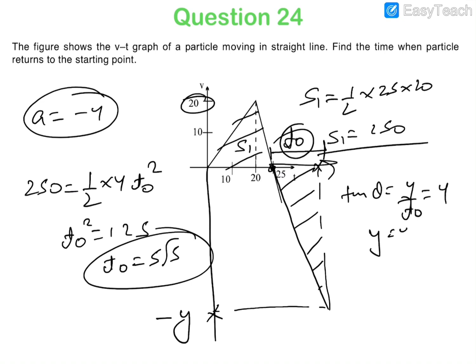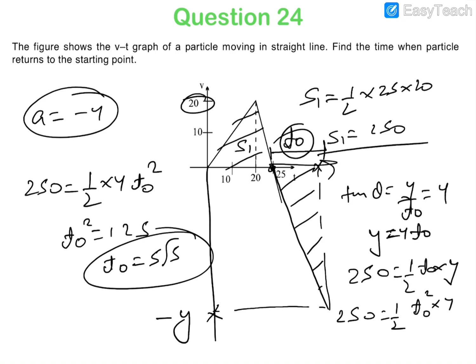So y is equal to 4 t naught, and we know that area should be equal to 250, which is half base into height, t naught into y. So 250 is equal to half, y is 4 t naught, so this is t naught square into 4. So t naught, you can see, is again root of 125, which is 5 root 5.